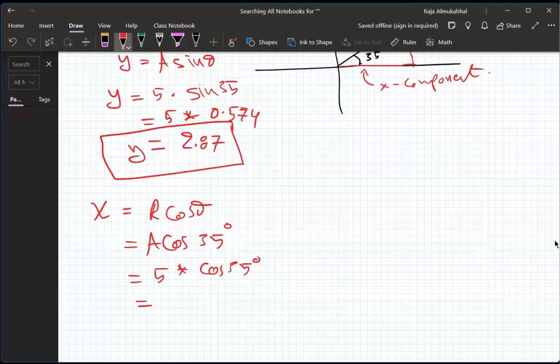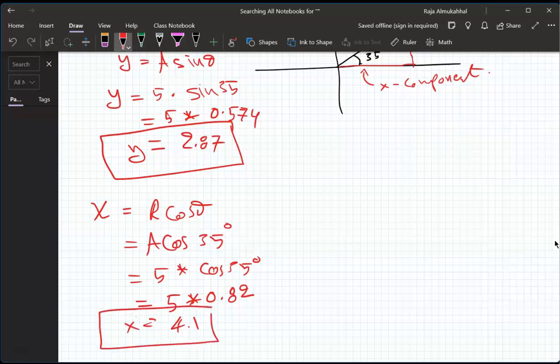And cosine 35, let me get that. 35, answer 0.82. So I have here 5 times 0.82. Multiply this by 5, and the answer would be 4.1. So there we go, x equals 4.1.